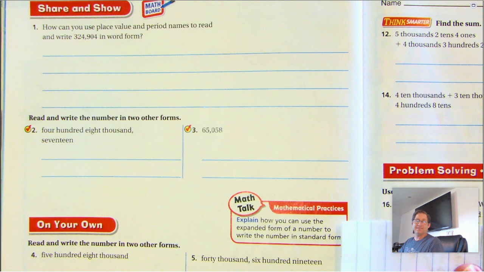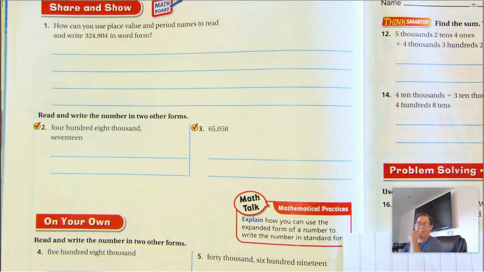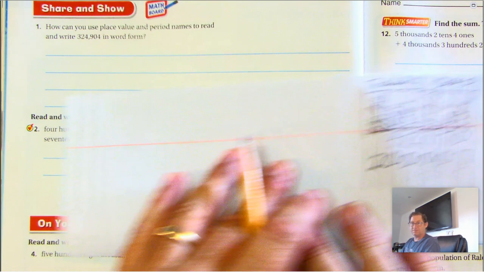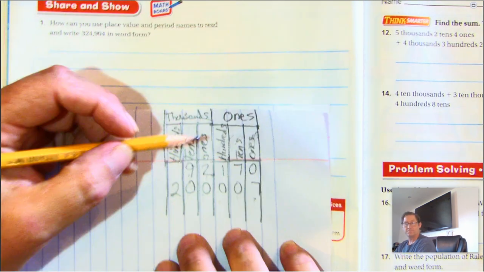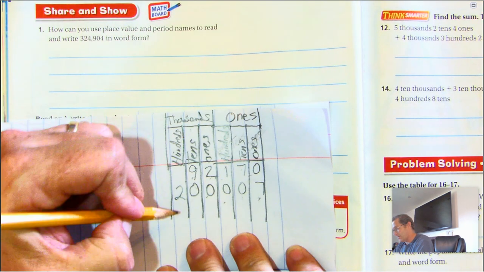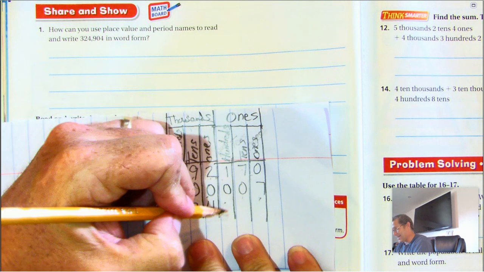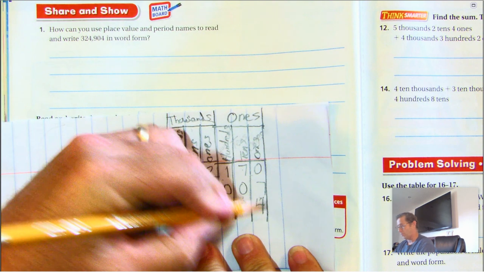And on page 10, it says, how can you use place value and period names to read and write 324,904 in word form? Well, let's see if we can put that in our place value chart. 3, 2, 4, 9, 0, 4.